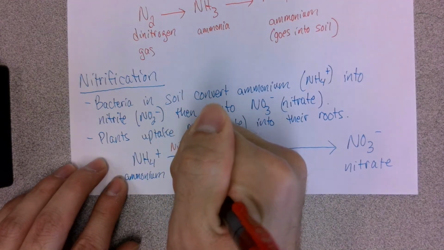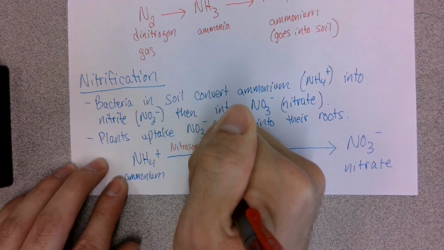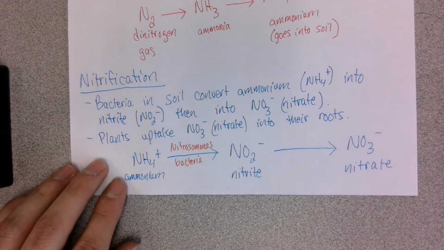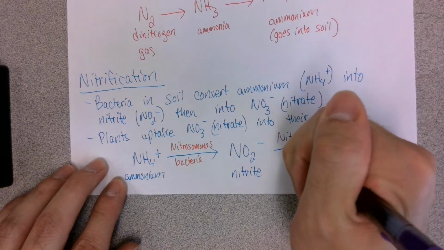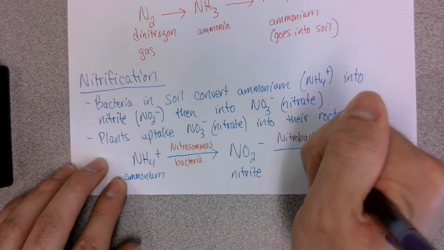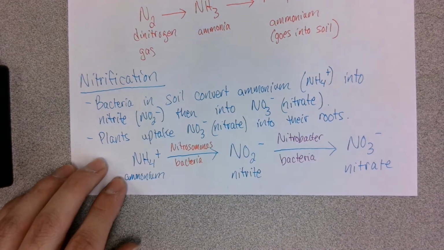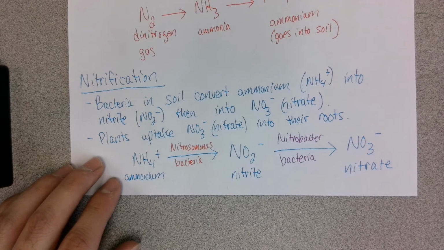Nitrosomonas bacteria. And then over here, to convert the nitrite into nitrate, you're going to need the Nitrobacter bacteria. If you notice, a lot of the things in the nitrogen cycle are actually being done by bacteria.